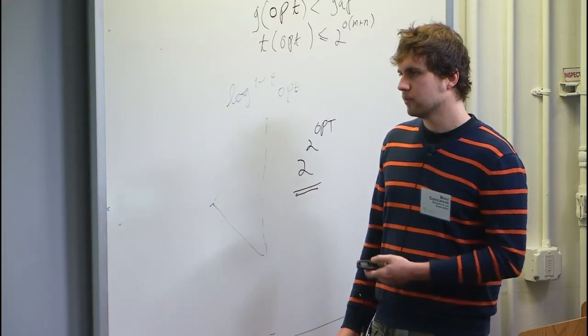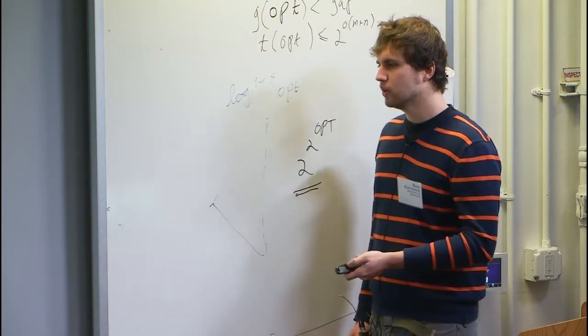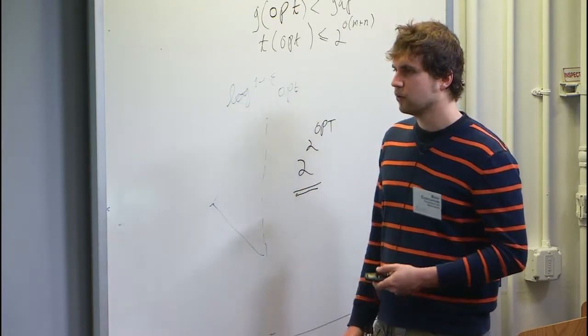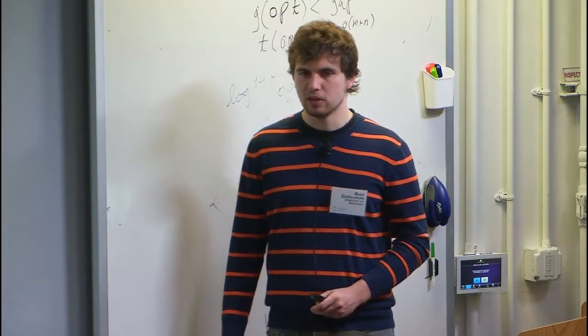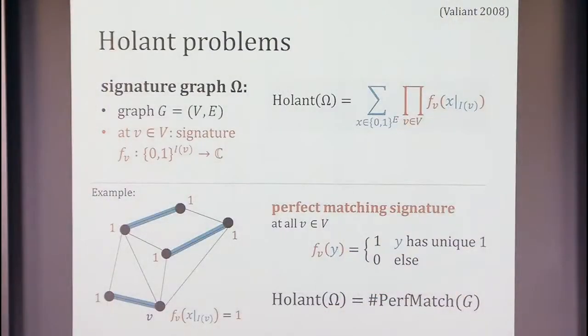So all these vertices output 1, and if you take the product of all these values, you end up with a 1, so a perfect matching will be counted with a 1. And likewise, if you have some vertex at which this local constraint is not fulfilled, then that vertex will give you a 0, so that assignment will not be counted in the Holant. So non-perfect matchings will get value 0.